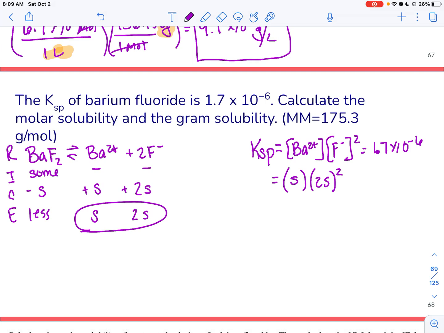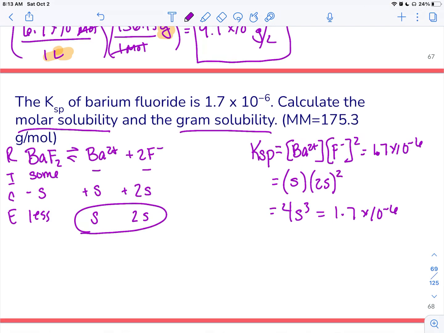So when you do that out, you get 4S cubed is equal to your Ksp, 1.7 times 10 to the negative 6. Sorry, messed up. You can solve for your solubility, and you get 7.5 times 10 to the negative 3. And that's going to be your molar solubility.